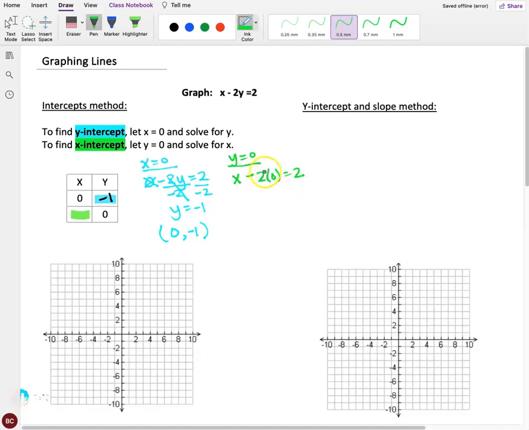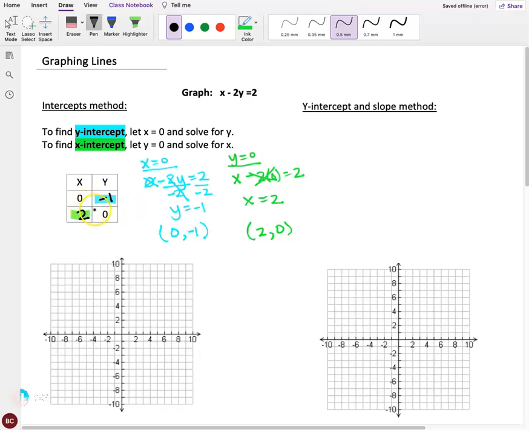Well, 2 times 0 is just 0, so let's cross that out, and now we have left x equals 2. So this is telling us when y is 0, x is 2, but if we write that as an ordered pair, that's 2 comma 0.